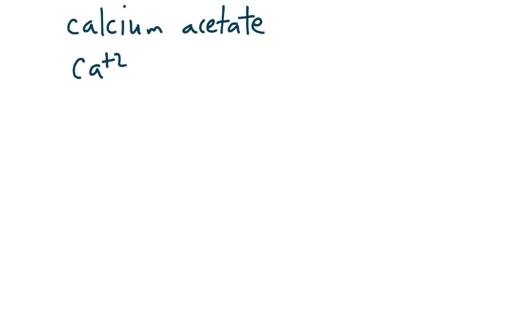So let's say I asked you to get the molar mass of calcium acetate. Well, first we have to convert this from a name to a formula. Calcium has a +2 charge. Acetate is a polyatomic ion with the formula C2H3O2 and a -1 charge.